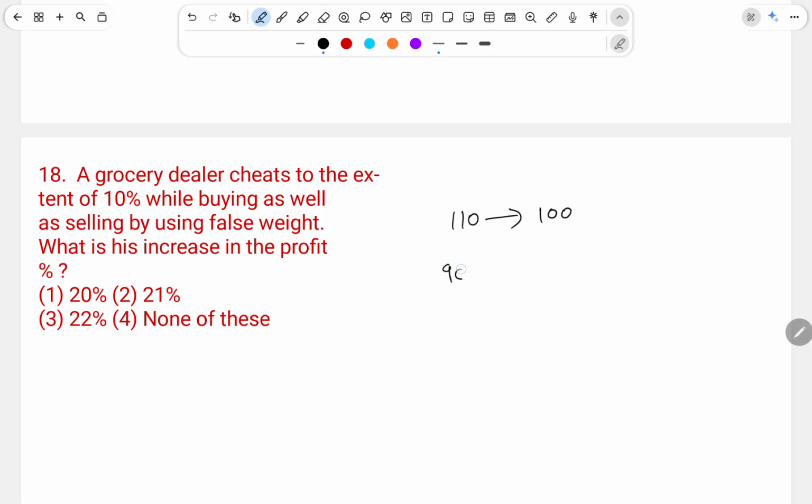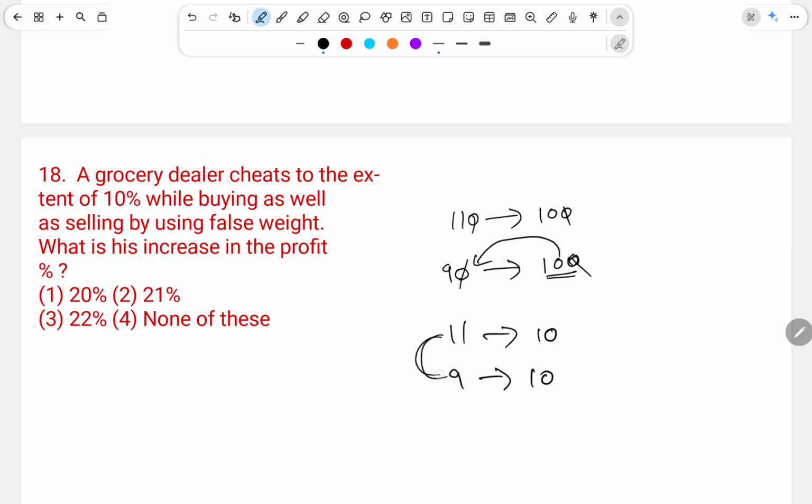Now he is using 90 grams weight, but he is selling 100 grams original weight. Hope you understood. On this 10% is 90. He is gaining here, means he is giving only 10% less than the actual value. Now cancel them. 0 got cancelled. 11 will become 10, 9, 10.